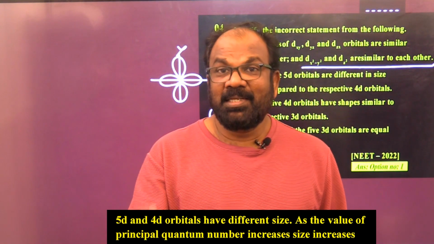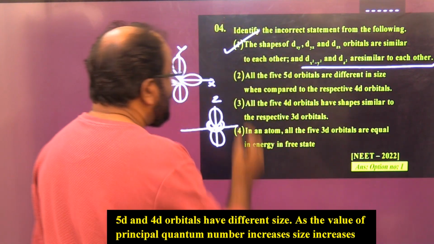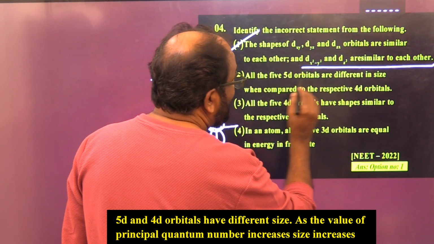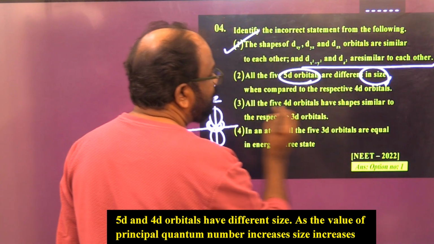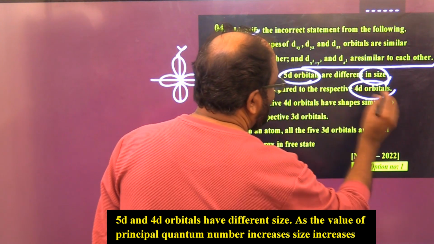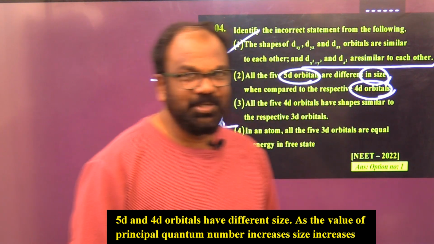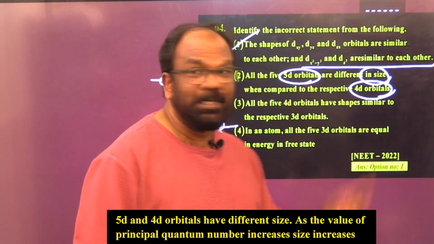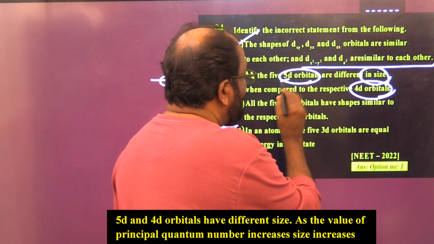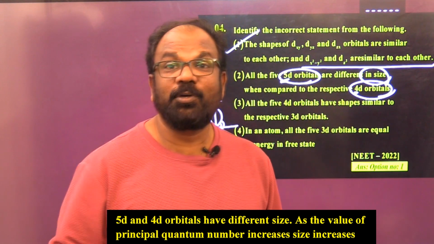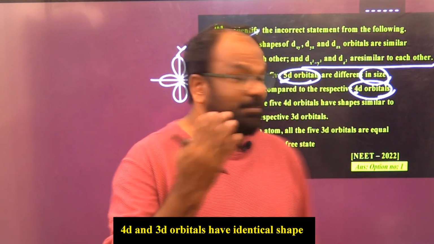Now we can analyze the other options also. The second option, all the 5d orbitals are different in size when compared to the respective 4d orbitals, is a correct statement because 5d and 4d orbitals have different size, as principal quantum number value increases, size of orbital increases. See the option number 3.